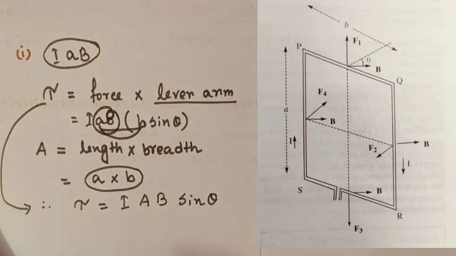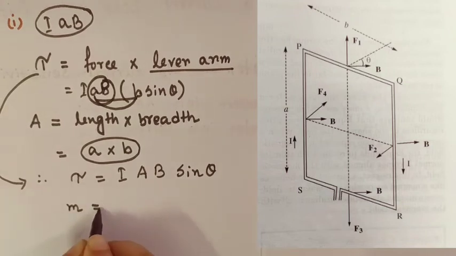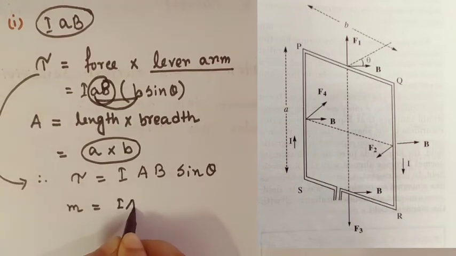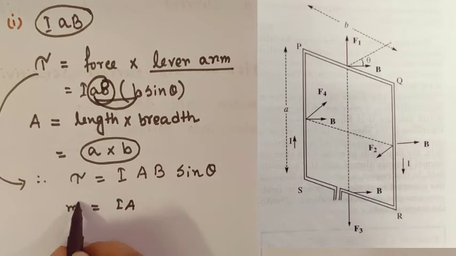Okay, and now we can introduce a new quantity. Small m is equal to I A, the magnitude of the magnetic dipole moment. So m is the magnetic dipole moment associated with the current loop.